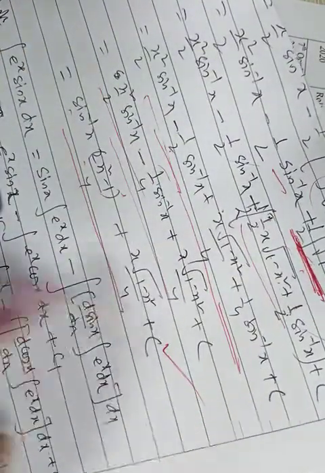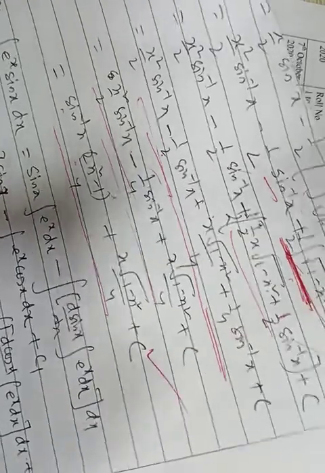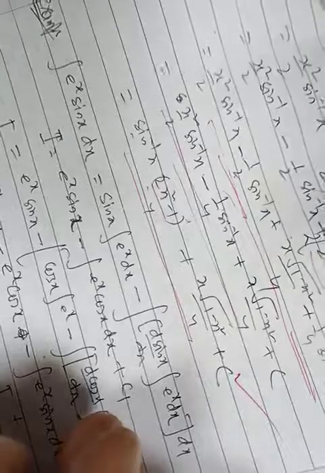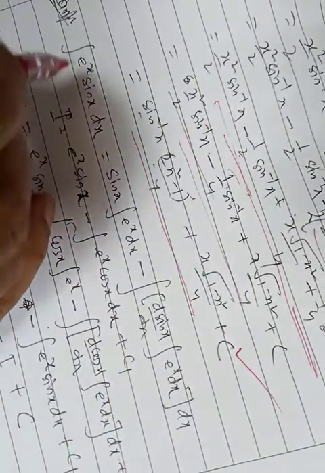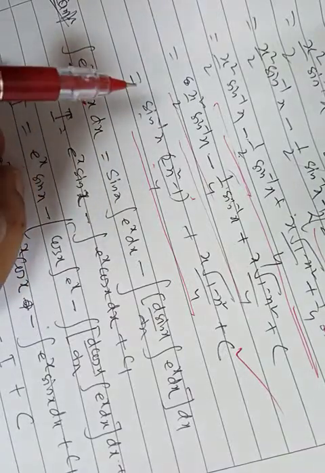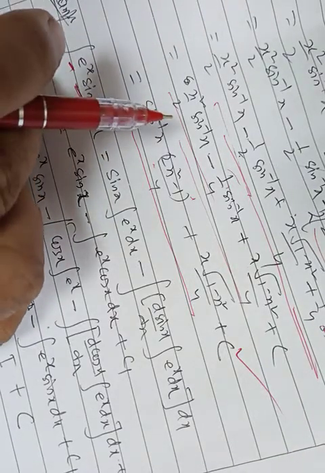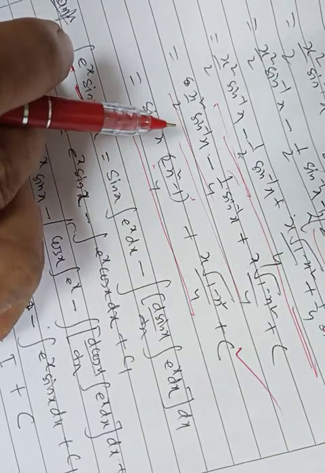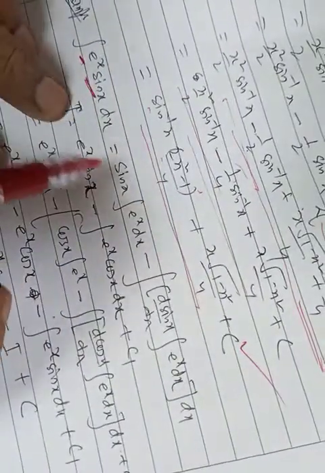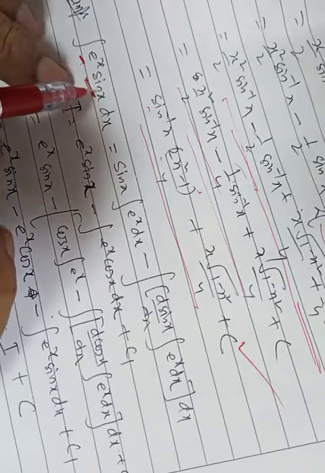Some simplification is required here, then you get the final answer. Not easy, these are. Okay. Now one more type I am showing. If the integration contains both exponential and trigonometric functions, trigonometric meaning sine and cos, in that case we have to adopt a different method, because nothing will vanish.